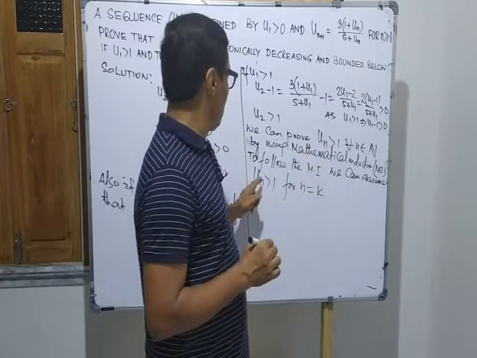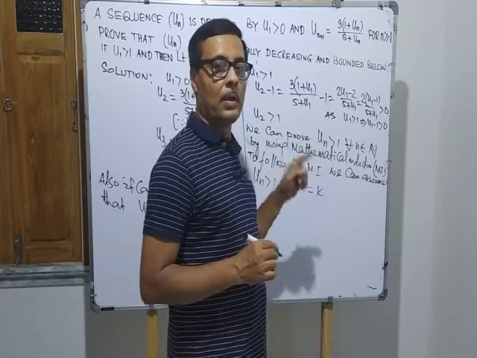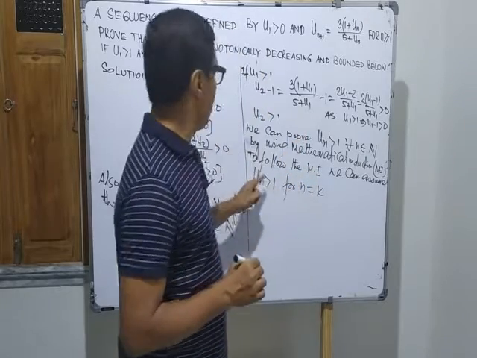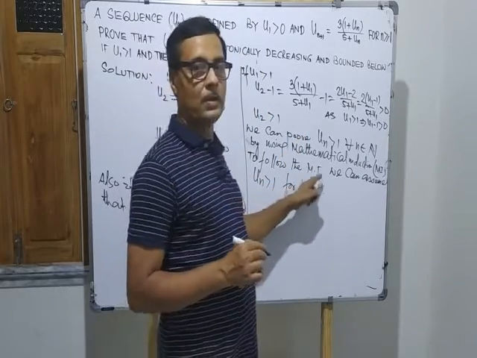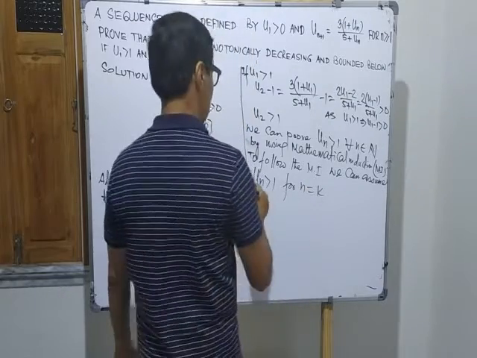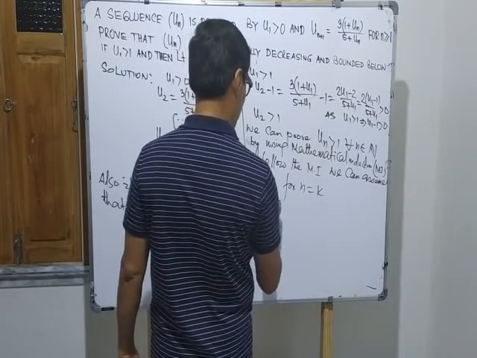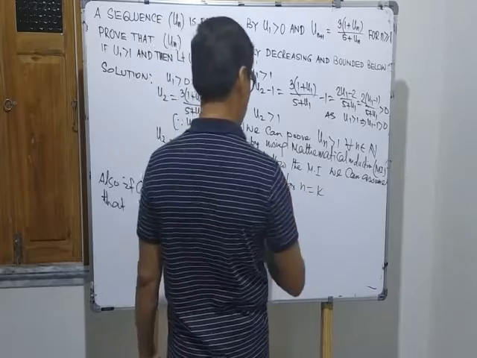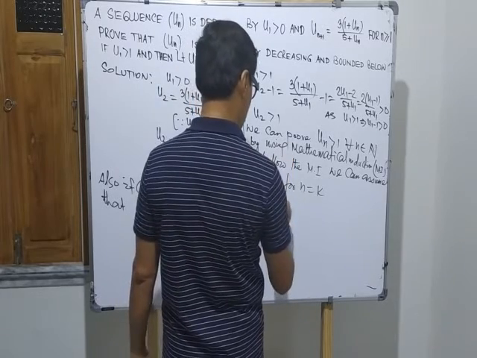Next we have to prove un greater than 1 for n equal to k plus 1, with un greater than 1 for n equal to k assumed. This is the process of mathematical induction.